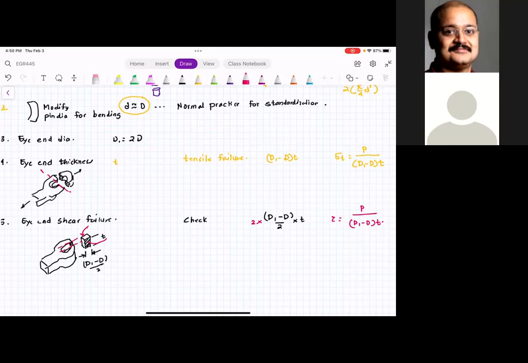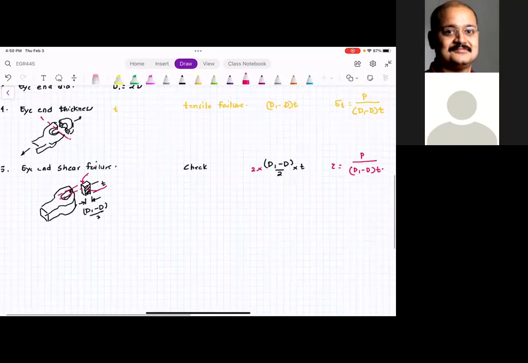So in that case, you will select the higher value. You can find the eye end thickness based on tensile failure, but you will notice that in shear failure the joint fails. So you would modify that thickness so that the joint is safe in both shear failure and tensile failure.